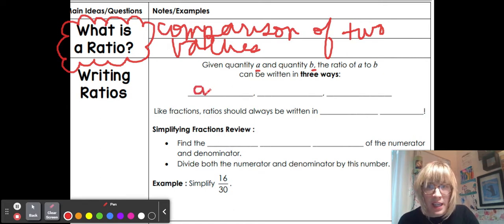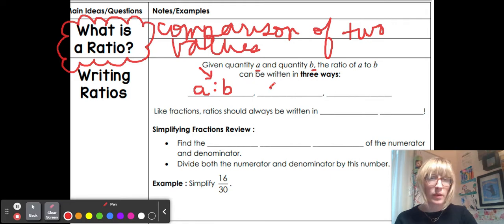So you can write it as A to B using what we call a colon. This right here, that's supposed to be an arrow, is a colon, right? It is a comparison symbol. You can also write it as A to B using the word to.